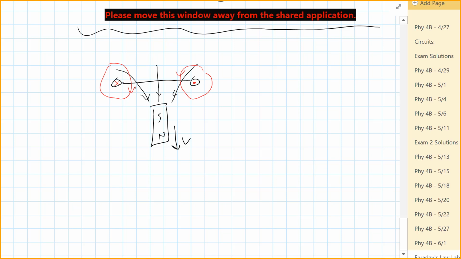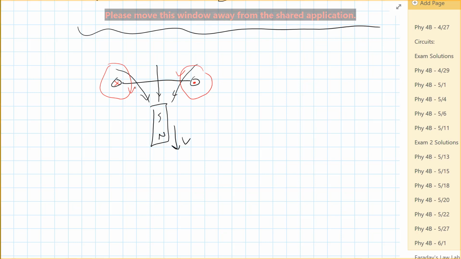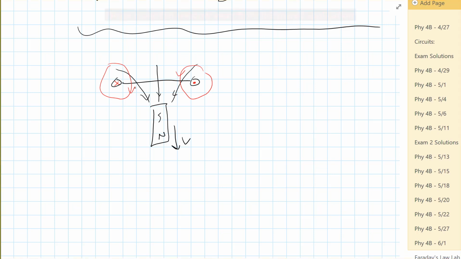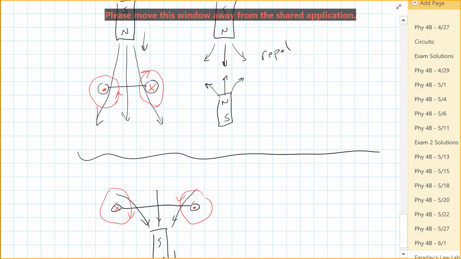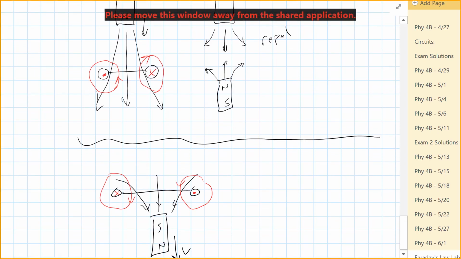It started out with a big magnetic flux down when the magnet was close, and as the magnet moves farther and farther away, it's getting weaker and weaker, so the current gets set up to try to add to it. It wants to keep it big. It tries to get back to its starting point. So what happened in here? The current changed direction as the magnet passed through the loop. It was in one direction for half the time, and then it goes in the other direction.